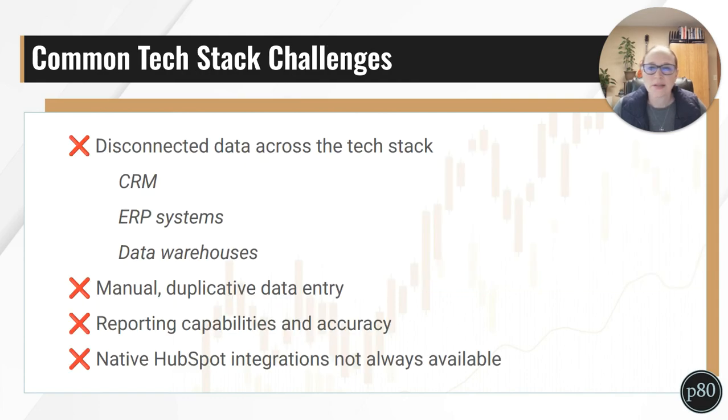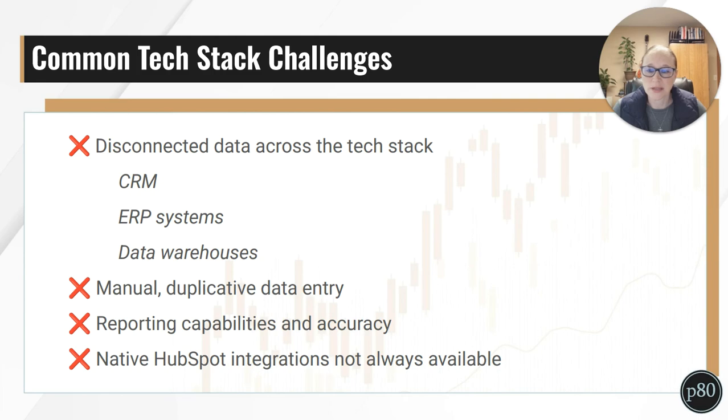Some common tech stack challenges that we see with clients, particularly in manufacturing, are basically just the disconnect between data across your various systems. So maybe one team is working in the CRM, another team is working in your ERP systems, and there is no data share or data flow between those two systems.